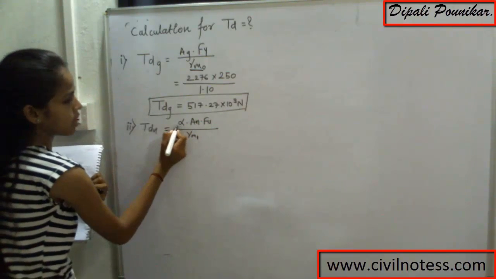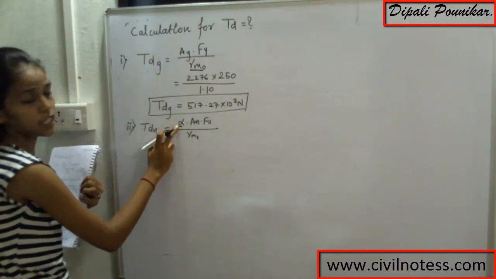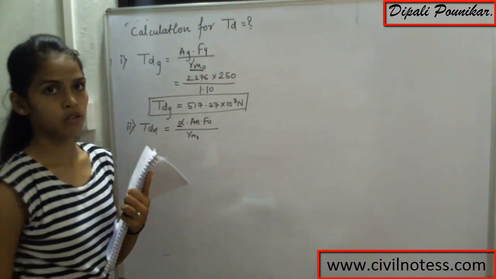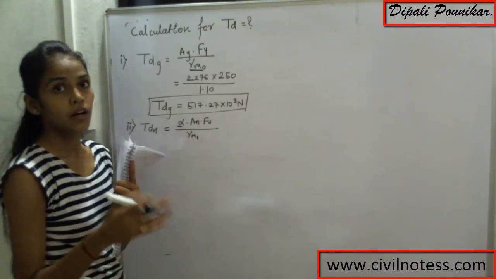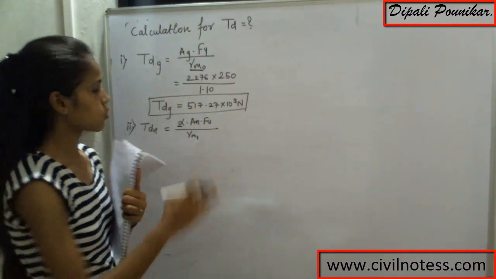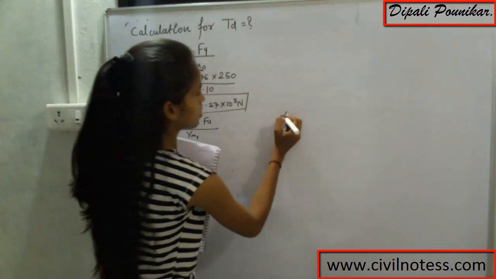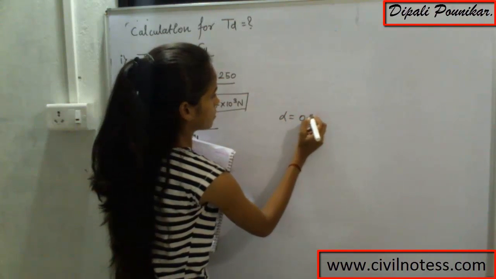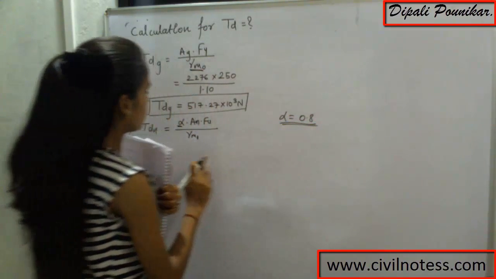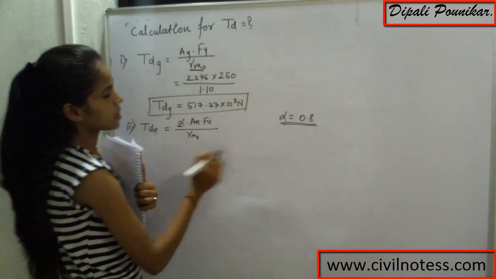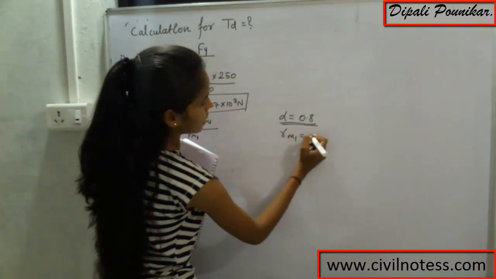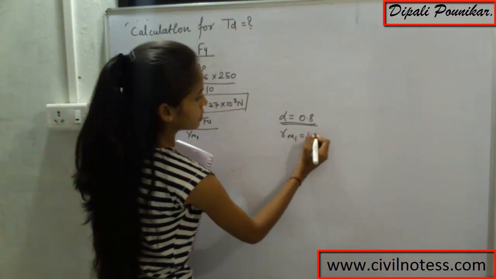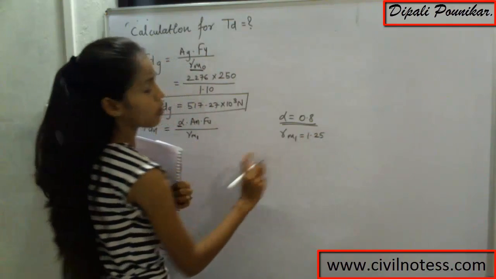This alpha, which is also given in IS 800 2007, if they have a number of bolts more than 4, so alpha is 0.8. And the gamma m1 is also given in IS 800 2007, that is 1.25 on page number 30.